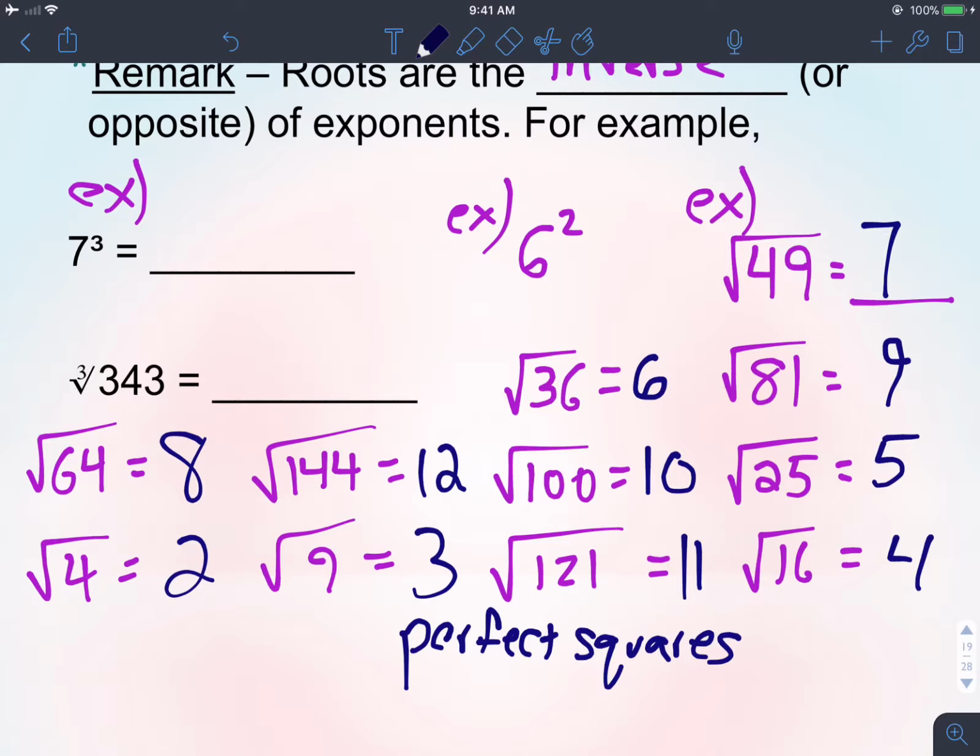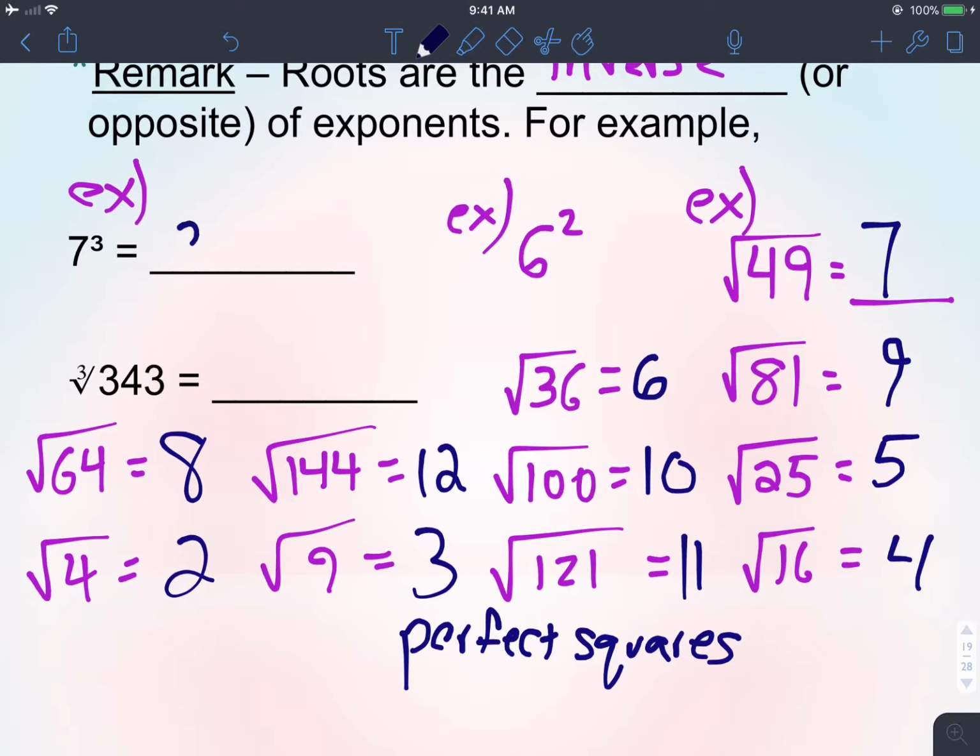This is a cube. So 7 cubed would be 7 times 7 times 7, 343. But now you see this number that's in the root. That means it's a cube root, or the third root. So you can get uber complicated.